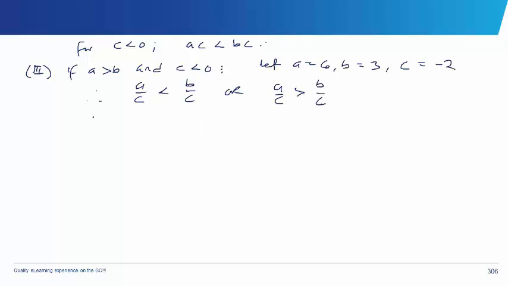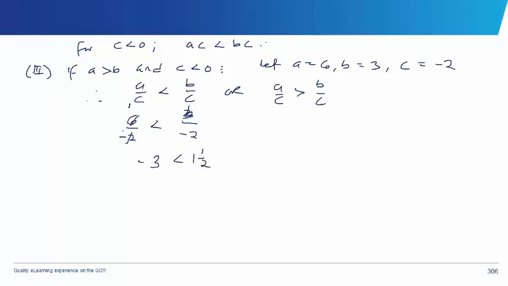A is 6 and C is minus 2, so A over C is minus 3. And B is 3, so B over C is minus 1 and a half. Let's find out whether minus 3 is less than minus 1 and a half, or is it greater than?